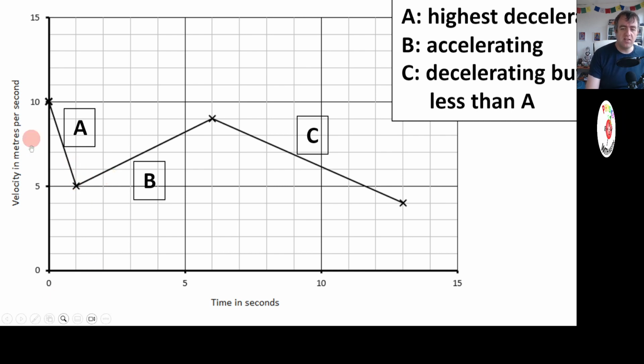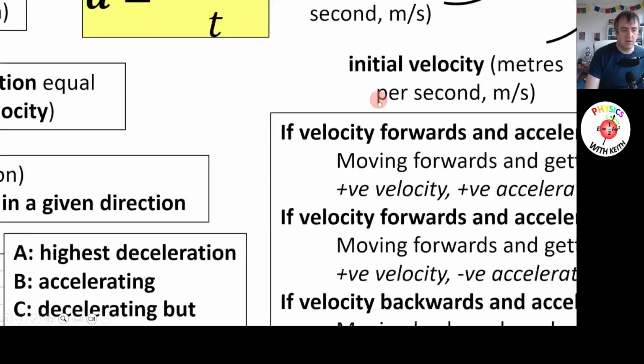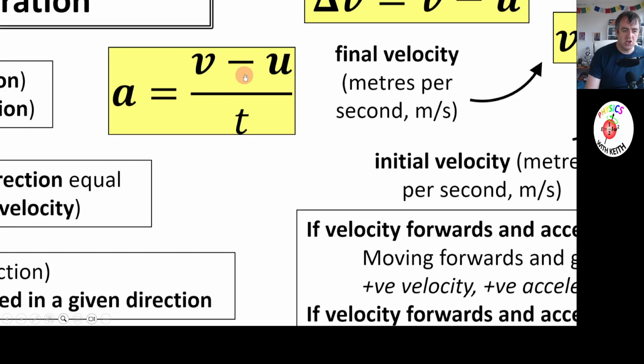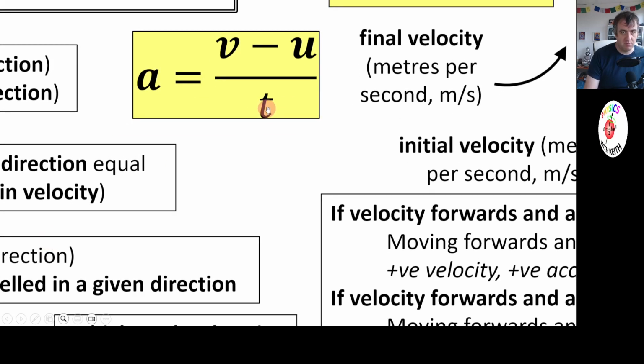So this is velocity versus time. So we've got velocity on the y-axis, and here we have a negative gradient. So positive velocity, 10 meters per second down to 5 meters per second. Section A of this graph, this line here, has a negative gradient. Now, we had defined our acceleration as the change in velocity divided by that interval in time, that duration of motion.